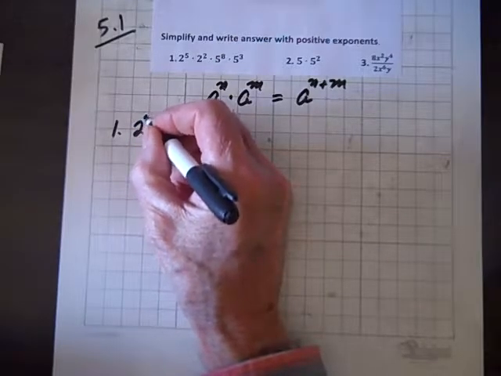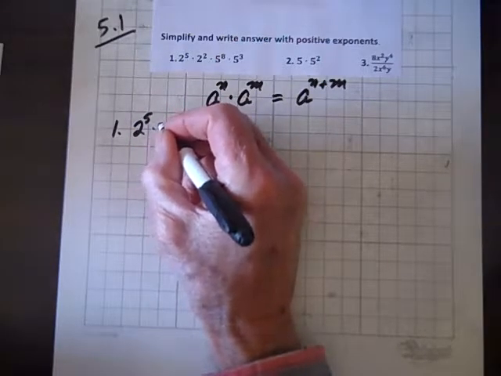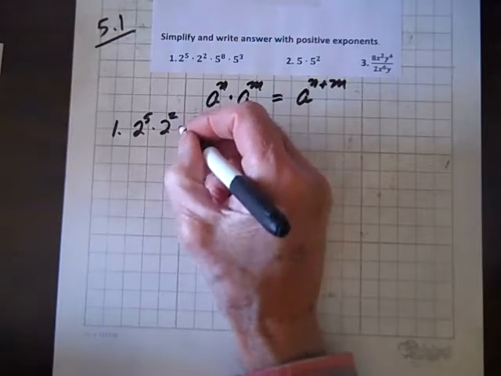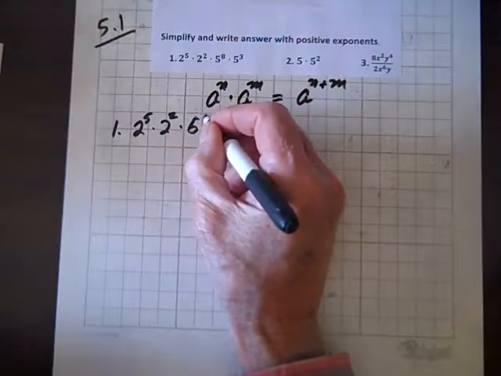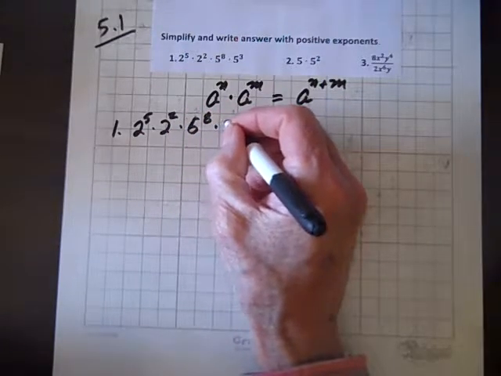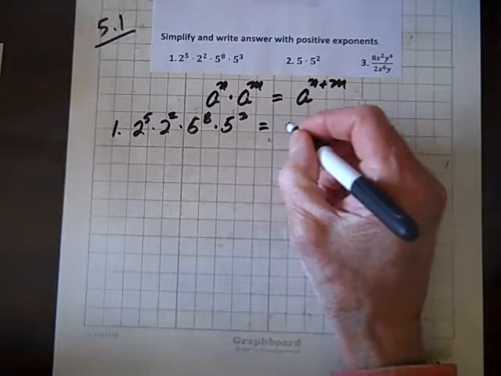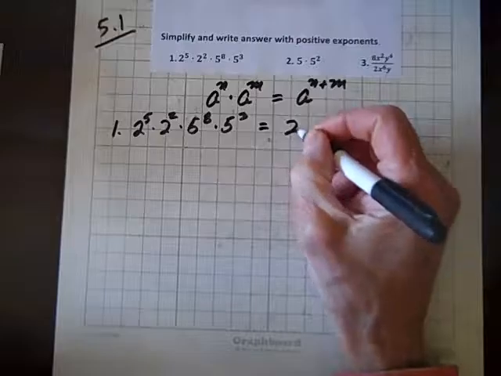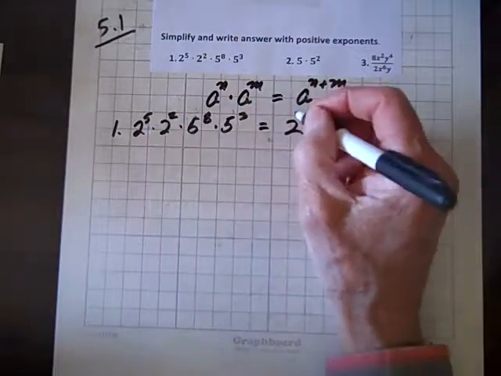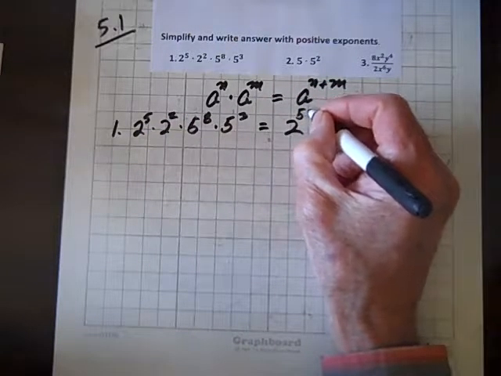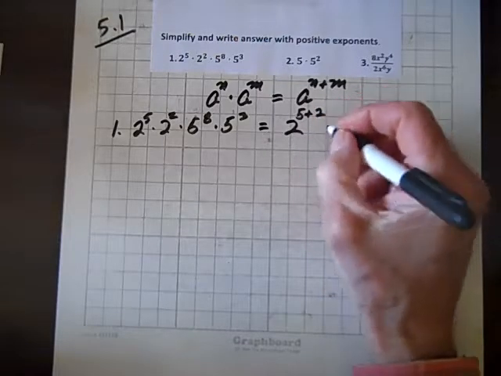So we have 2 to the 5th times 2 squared times 5 to the 8th times 5 cubed. And that equals 2, and since the bases are identical, we can just add the exponents, 5 plus 2.